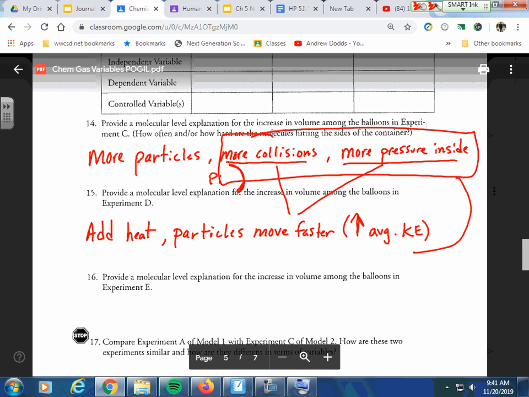So what I was just talking about the sides, the walls of the flexible container, is that temporarily the internal pressure will be higher than the outside.